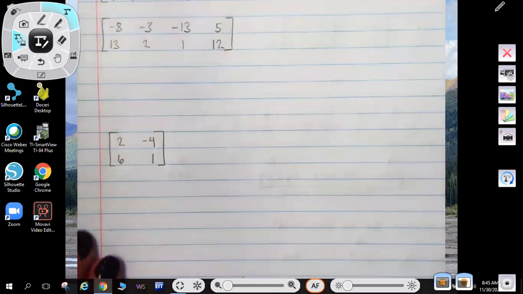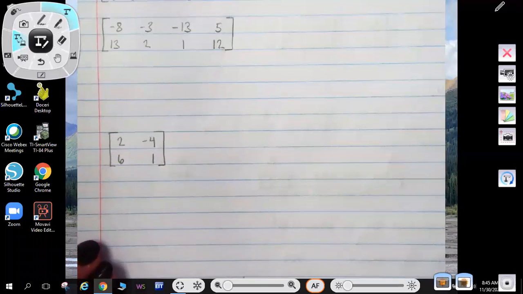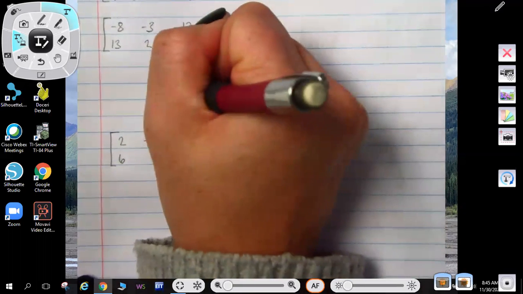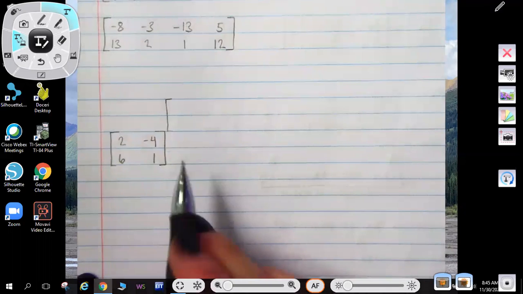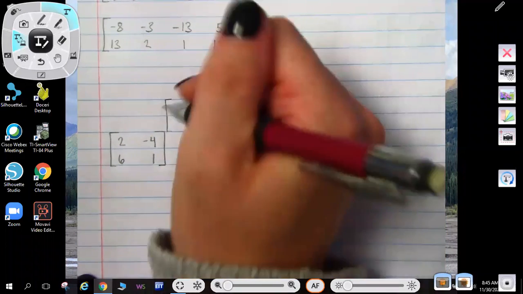Okay, here's our first matrix. It's a 2 by 2. The second matrix is going to be a 2 by 4, but I'm going to write it above this one, and I'm going to space out my columns.